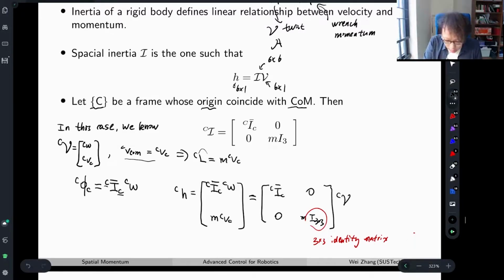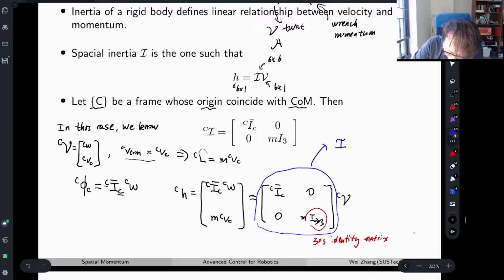But we always start with this case, then we do change of coordinate for H and also for this spatial identity matrix. Okay, so overall we have this, our so-called script IC.